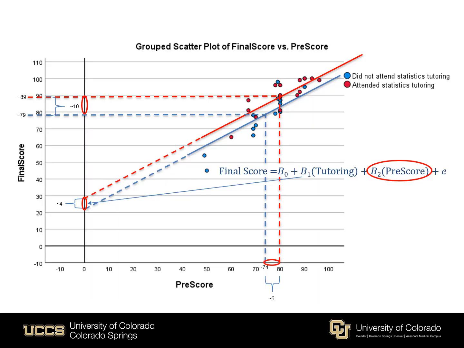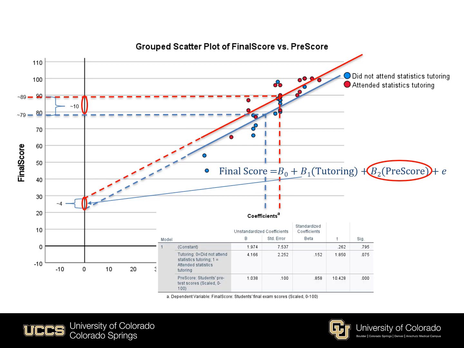So if we grab the coefficients table from the output of that regression run, which I've provided here on the slide, we can see that our effect of tutoring, B1, is estimated at 4.16, which corresponds very closely to our naked eye estimates from this graphical look at what happens when pre-score is added to the model.